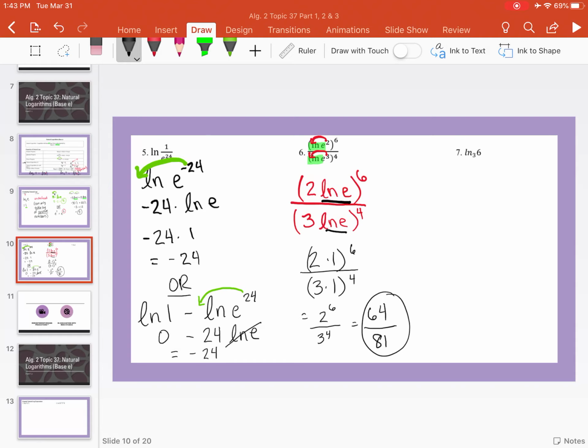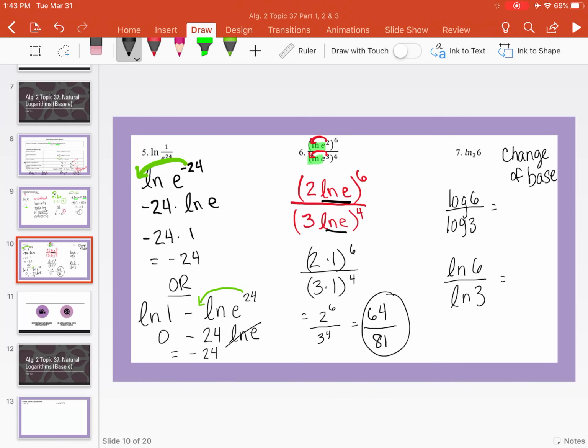Last problem, we have log base 3 of 6. If we're asked to evaluate this, we can use the change of base. And we can evaluate this as either log of 6 divided by log of 3, or we can do ln of 6 divided by ln of 3.